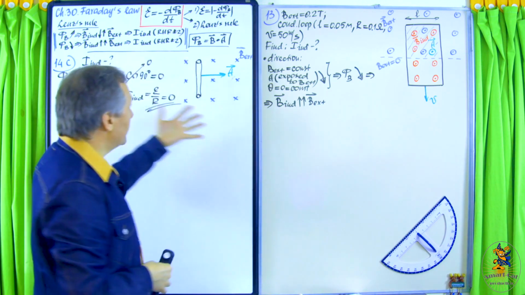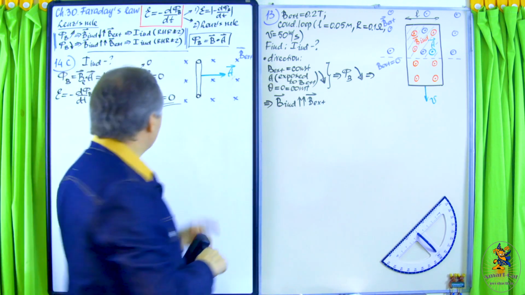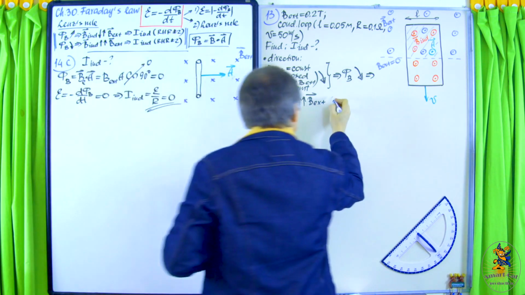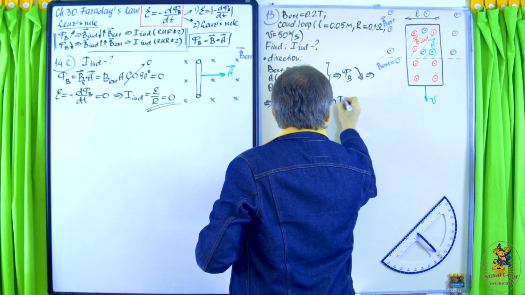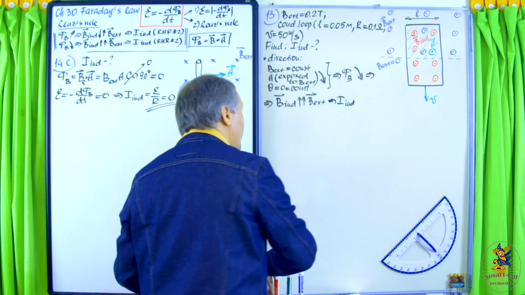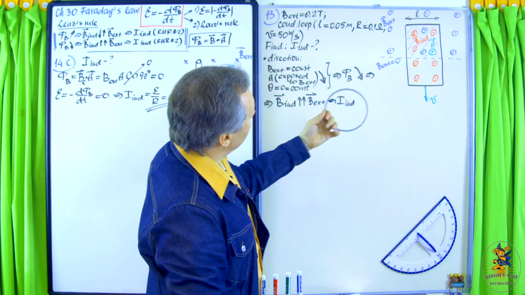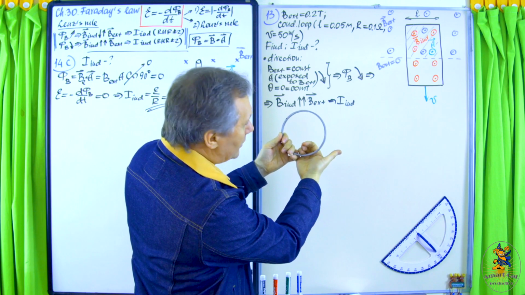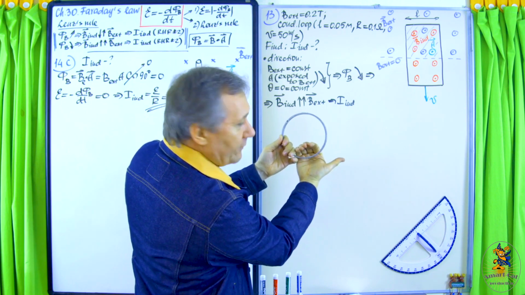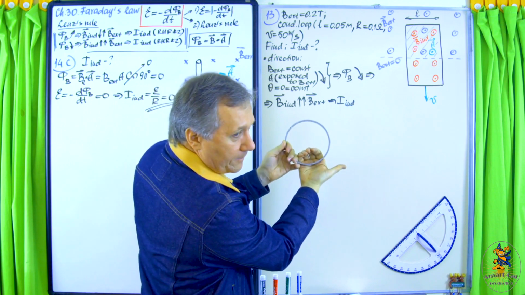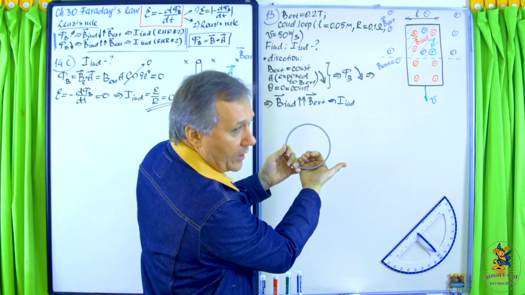So now the last step. We need to apply the right-hand rule in order to find the direction of the induced current, right? So B induced, what's the direction? Where is my loop? Induced magnetic field is out of the board, right? Dots out of the board. So it means that I have to position my fingers like this. So now my fingers are within the loop, out of the loop.